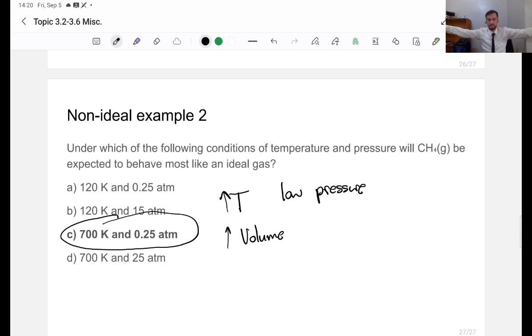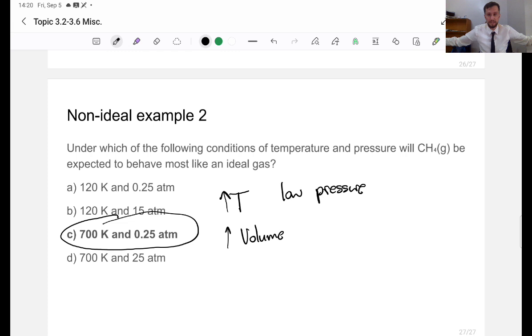So low pressure means there's less gas. And if there's high temperature or high volume, it means they're taking up more space. Okay? So if there's less gas, which means low pressure, and more space, so high temperature or high volume, that's going to be more like ideal because the gases are really far away from each other.